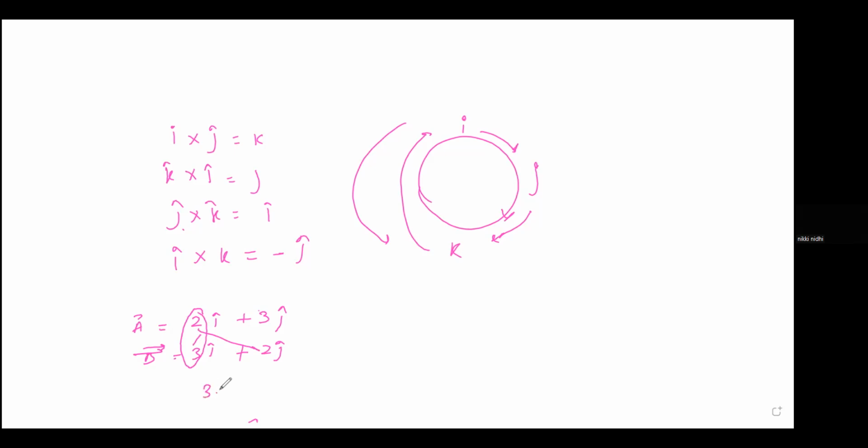So first 3 into 2 times i cross i. i cross i, the formula is i into sine theta, and the angle between i and i is 0, right? So i cross i is 0, j cross j is equal to 0, and k cross k is equal to 0. Understood this?